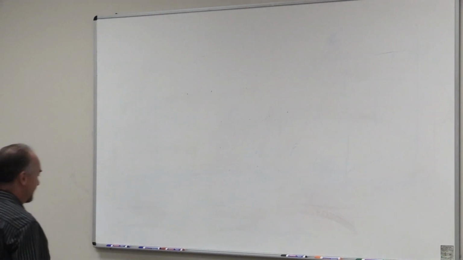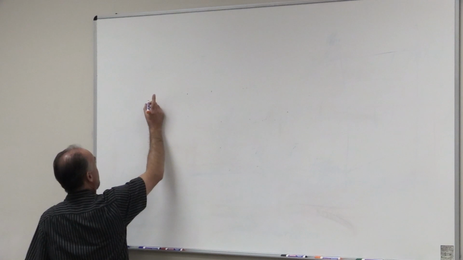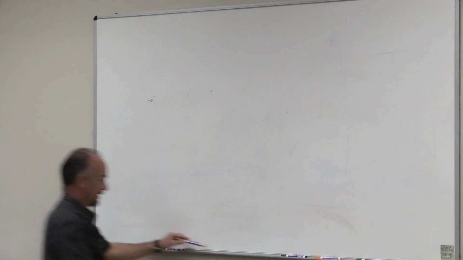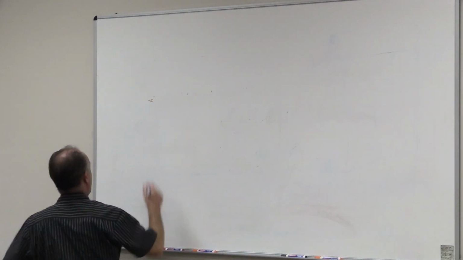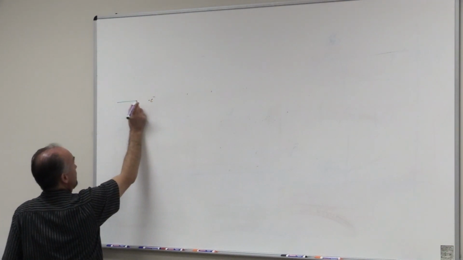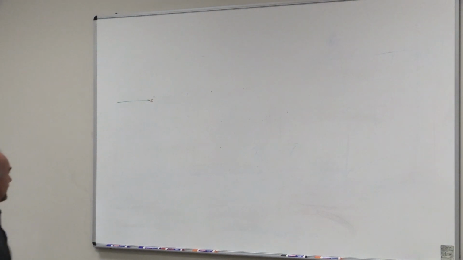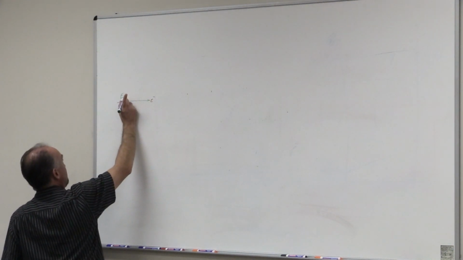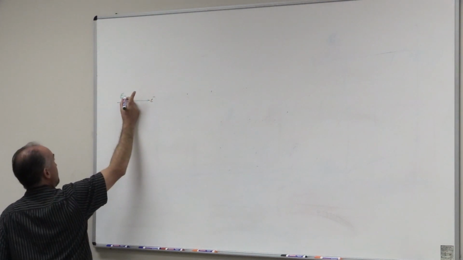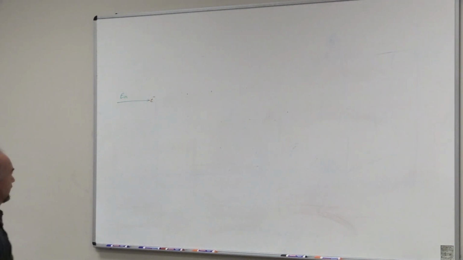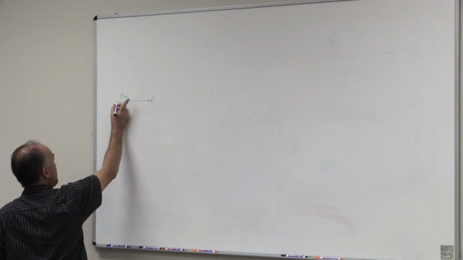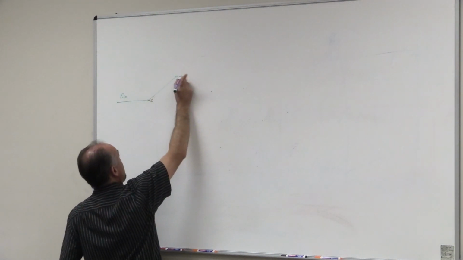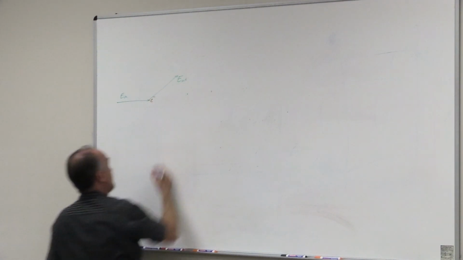The situation here being that we have some electron that's at rest, and we have a photon coming in, scatters off the electron. So let's call that E in the energy of the incoming photon here, and that will be scattered off in some direction, E out.